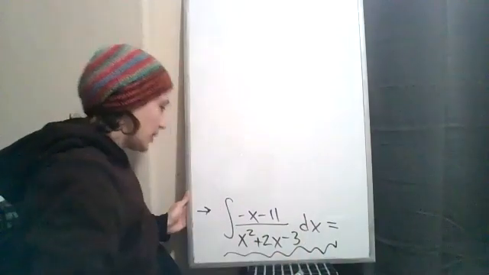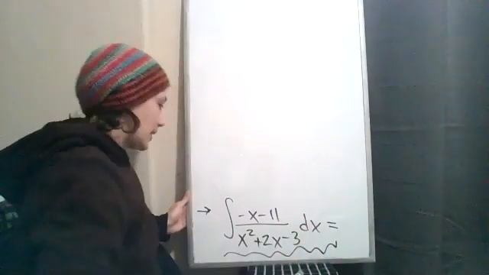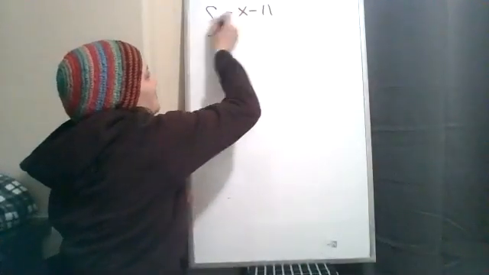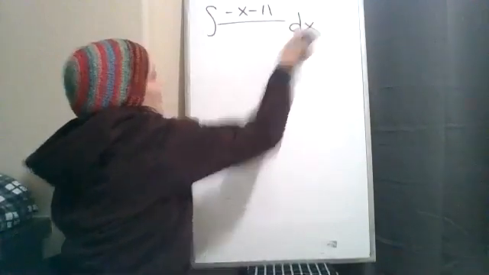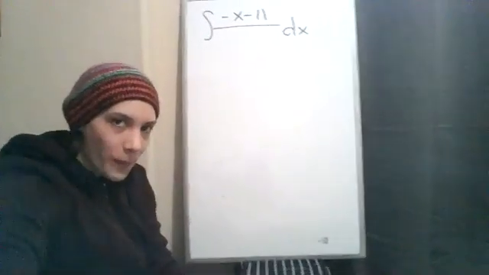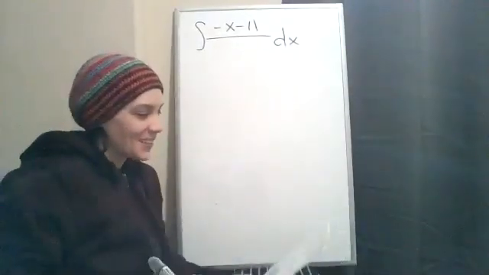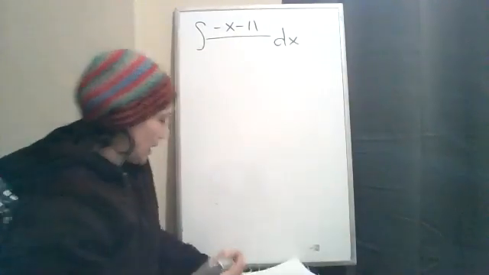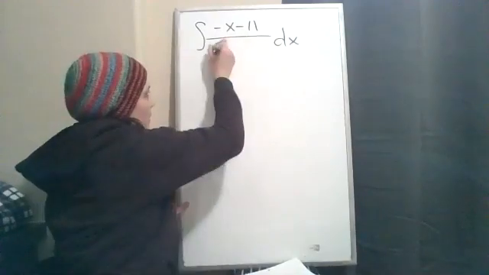Let's just rewrite. Okay, so we're at the integral of 2 over x plus 3, so we need a denominator.